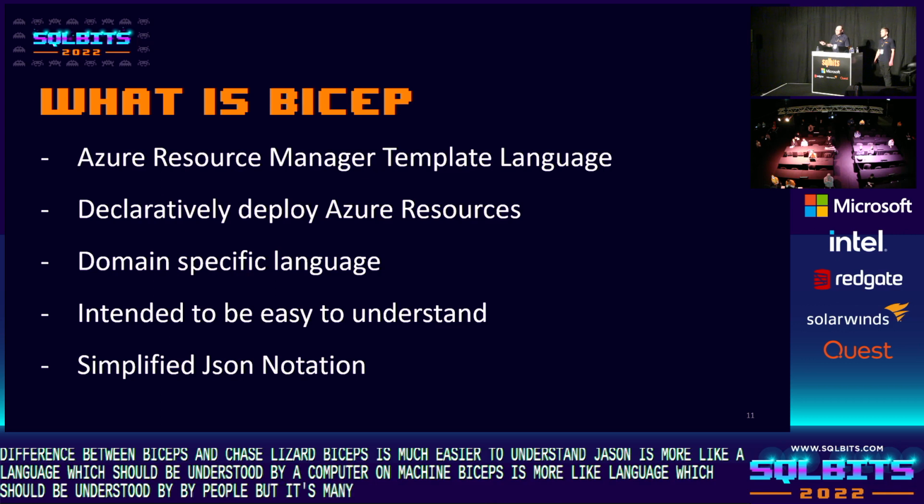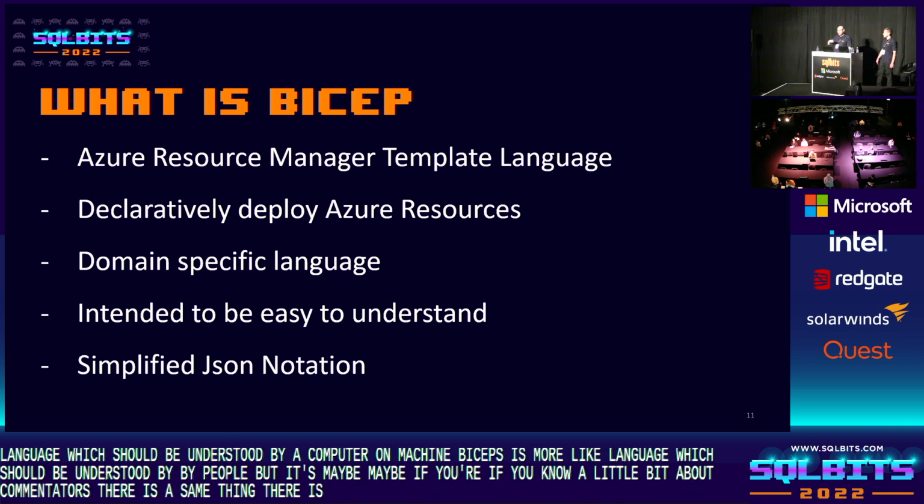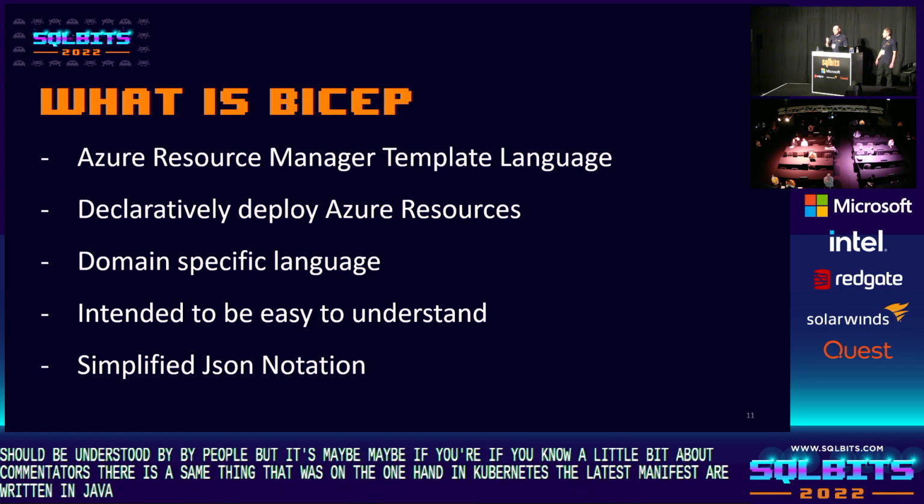Maybe if you know a little bit about Kubernetes, there is the same thing. In Kubernetes, the Kubernetes manifests are written in YAML, and YAML is also a simplification of JSON, and it is transferred to JSON under the covers.